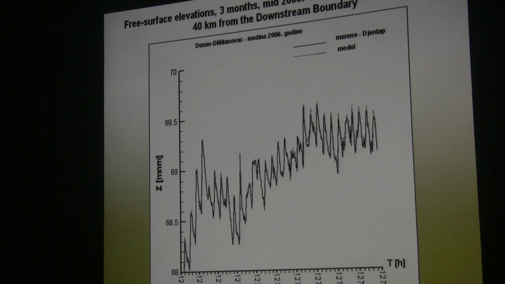Essentially, change is represented as a change in cross-sectional area. If we have erosion at a certain cross-section, then we have enlargement of the cross-sectional area. If we have deposition, then our cross-sectional area shrinks, and all those changes eventually have influence on flow, discharges, and free surface elevations most of all.